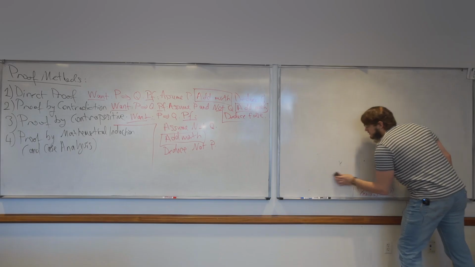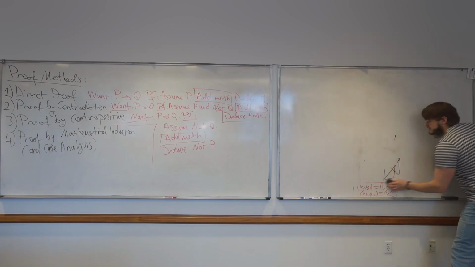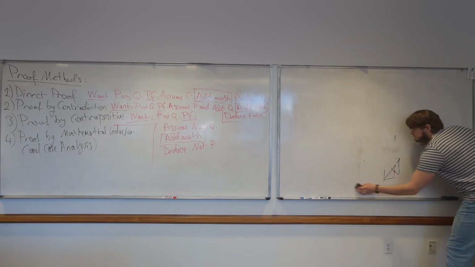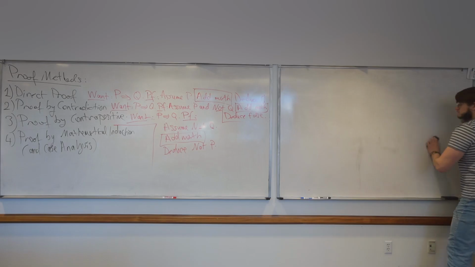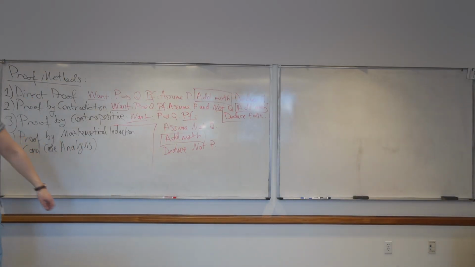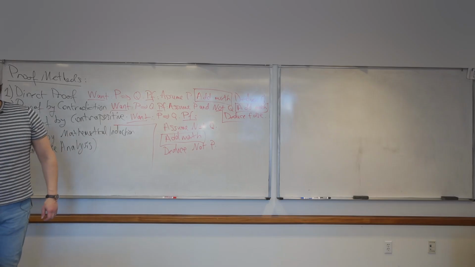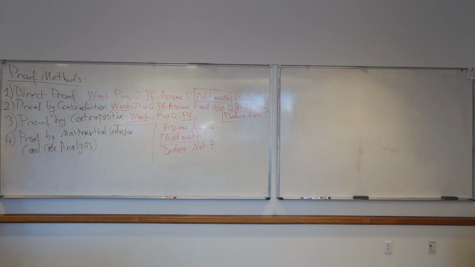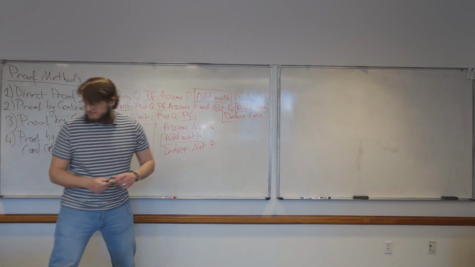Probably we're not going to have time to do all of them, but at least I would like to give you an idea. So the claim, let's say, is this. Let n be an integer, let's say positive integer, in fact. If n is odd, then 3n plus 7 is even. So, claim.